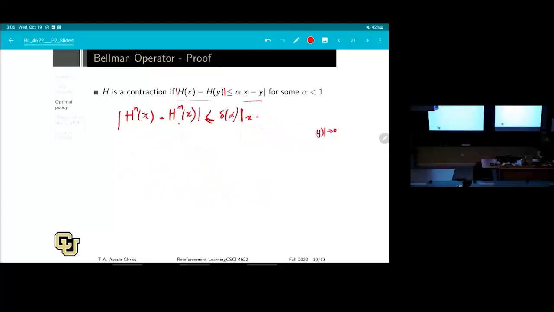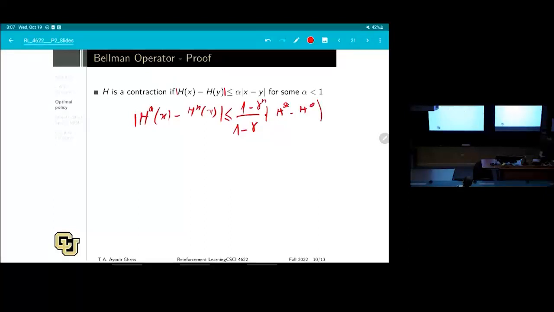If you want the realistic bound, it's going to be H star of x minus H n of x less than gamma to the n over 1 minus gamma, if I'm not mistaken, times some bound of H star minus H 0.